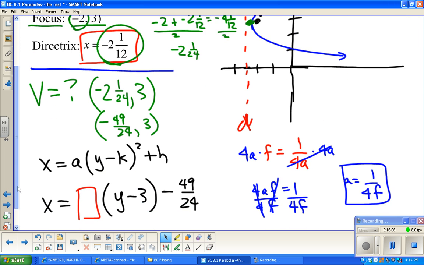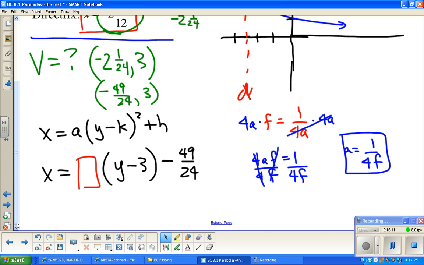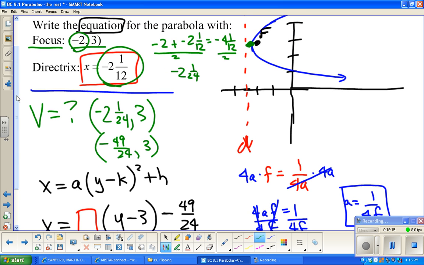All right, with that in mind, how far did we go from the vertex to the focus? Here's the focus, and here's the vertex. It looks to me like we went negative 1 over 24. We went left. I think I'm wrong.